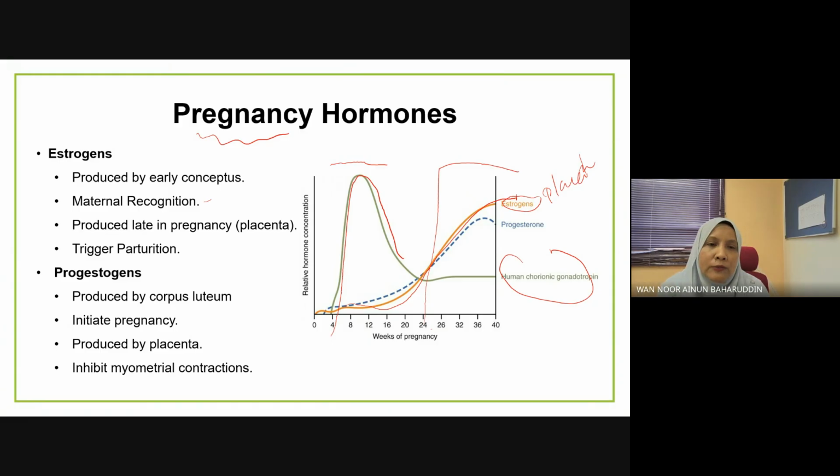And this one will trigger the parturition. Progestogen is produced by the corpus luteum to initiate the pregnancy, as well as to inhibit myometrial contraction.